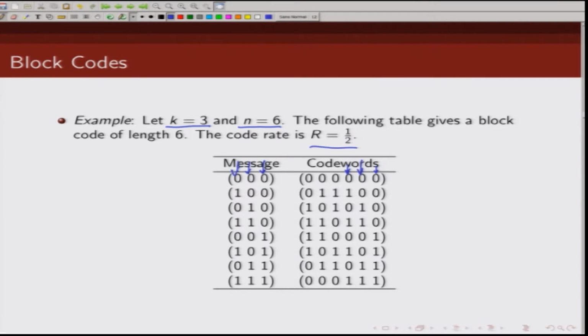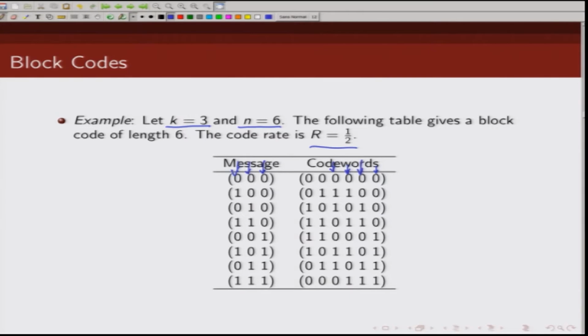So, in other words, this bit of the code word is same as this bit of the information sequence, this bit of the code word is same as this bit of the information sequence, this bit of the code word is same as this bit of the information sequence. Now, let us look at this one.